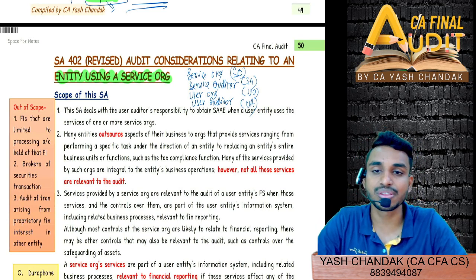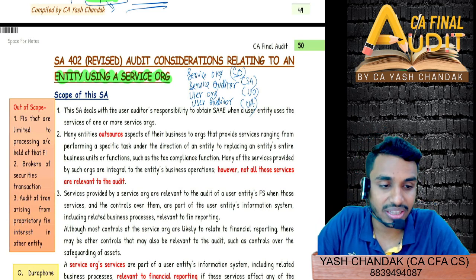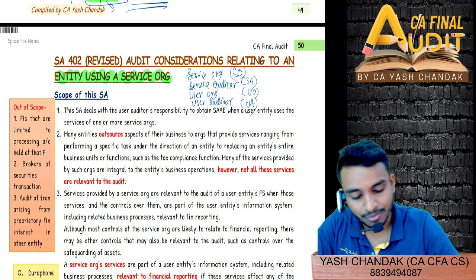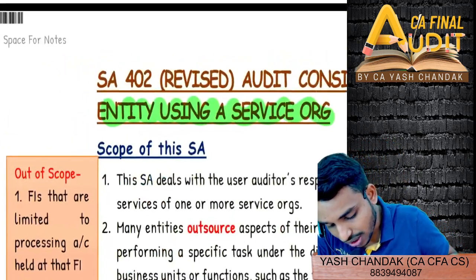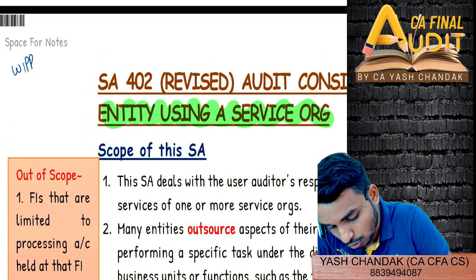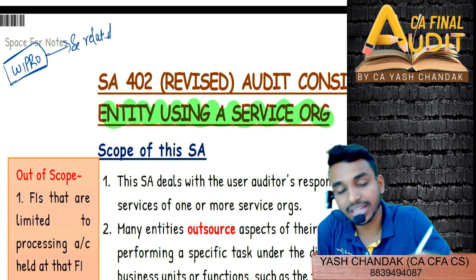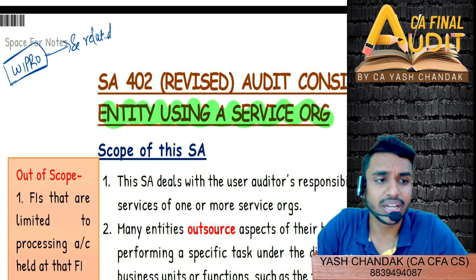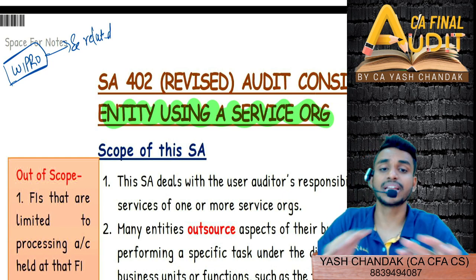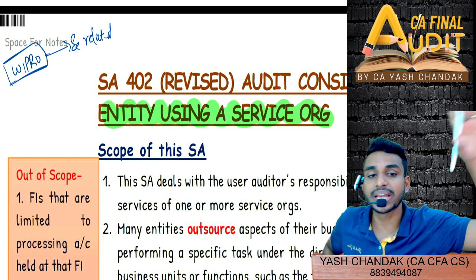directly relates to our financial statements, then in that case, suppose Wipro has outsourced its employee related task to some other entity. That means the remuneration, everything will be taken care of by the other entity.